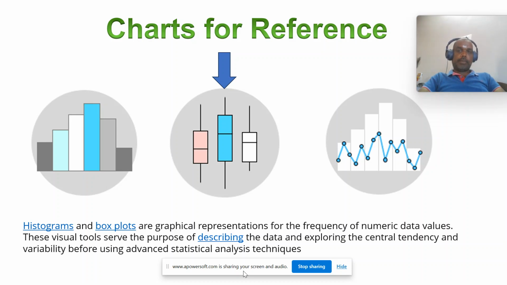If you want to compare two or more groups and you would like to know each group's mean, median, mode, then your obvious choice would be the box plot. We'll see it in more depth in the next slide.